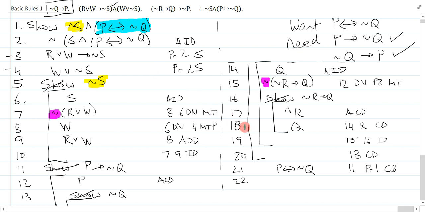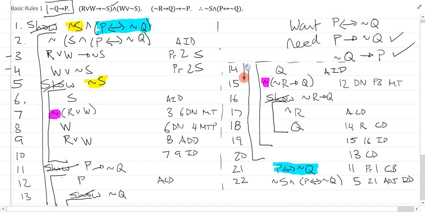Well, I have the not S and I have the P biconditional not Q, and so I'm ready to adjoin them. Not S and bracket P biconditional not Q from lines 5 and 21, and that is an adjoin. And I can say direct derivation because it's exactly what I was looking for.